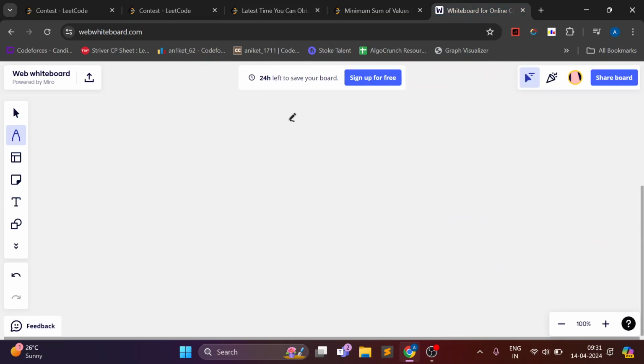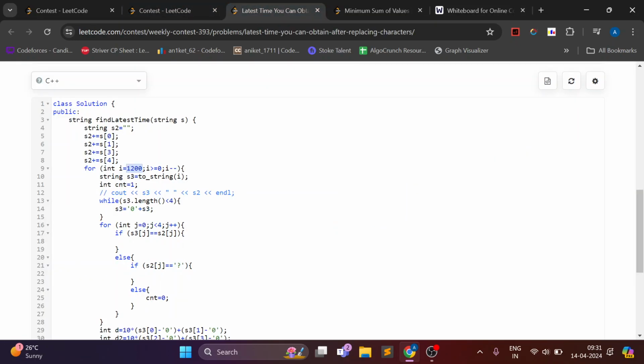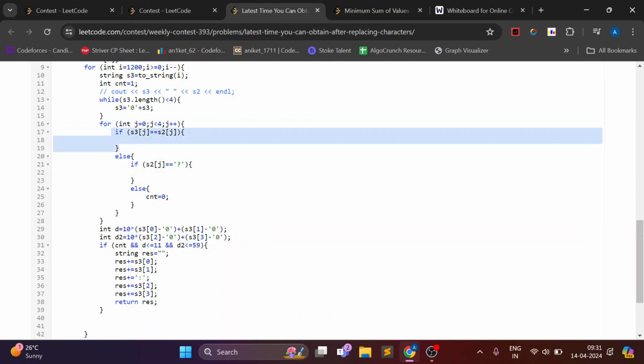If I just convert 0 to a string, it will be of length 1, but for the time format I have to make it 0000. To convert the length from 1 to 4, I'm writing this for loop, and then I'm comparing both the strings such that if both of them are equal, that means both of them are digits, we cannot do anything about them.